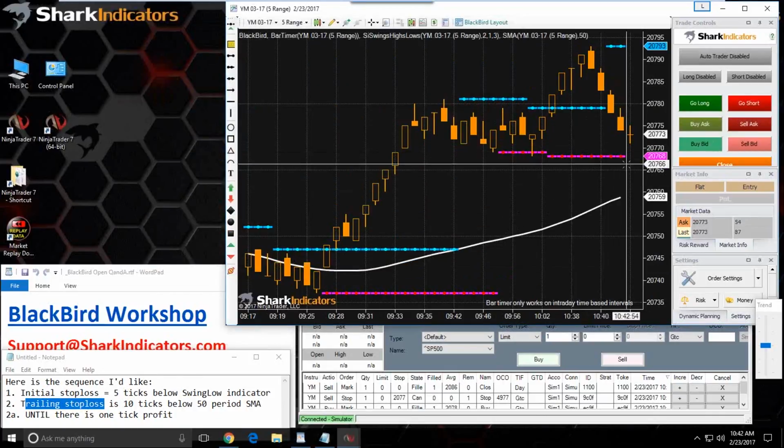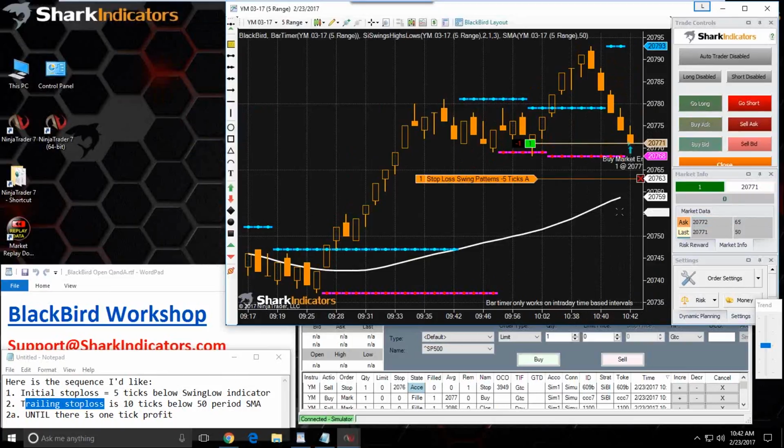And let's see. All right, market's pulled back, so let's go long again. There we go, so we're 5 ticks below our swing low. Now let's move the market up and test this again. We need to get the SMA 10 ticks above our stop loss.